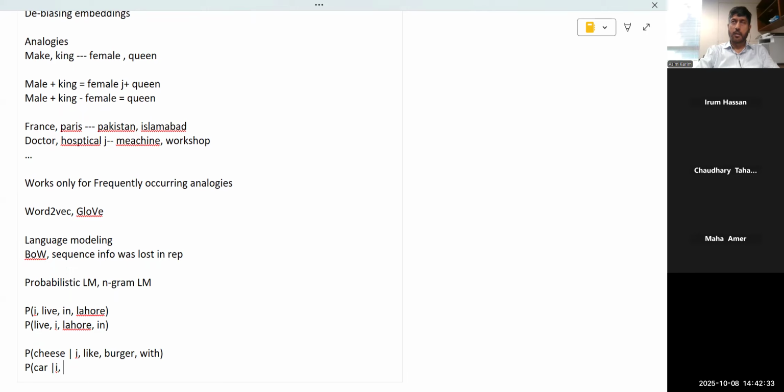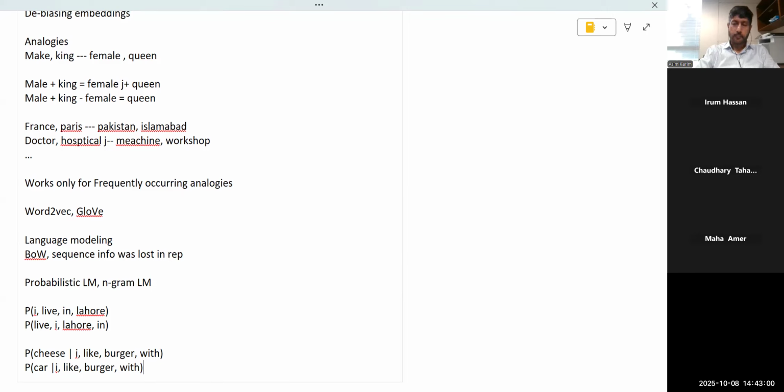I like burger with car. So again, which probability would be higher given correctly written language? The cheese one would be higher, right?